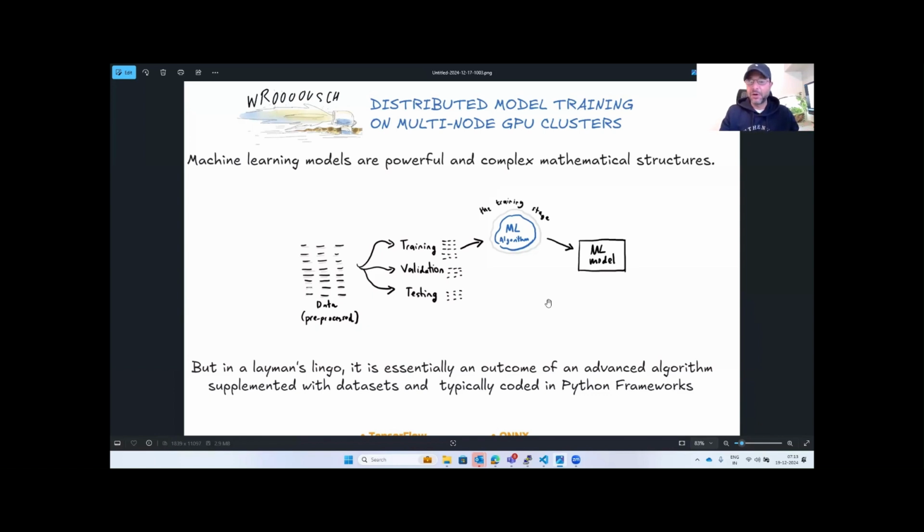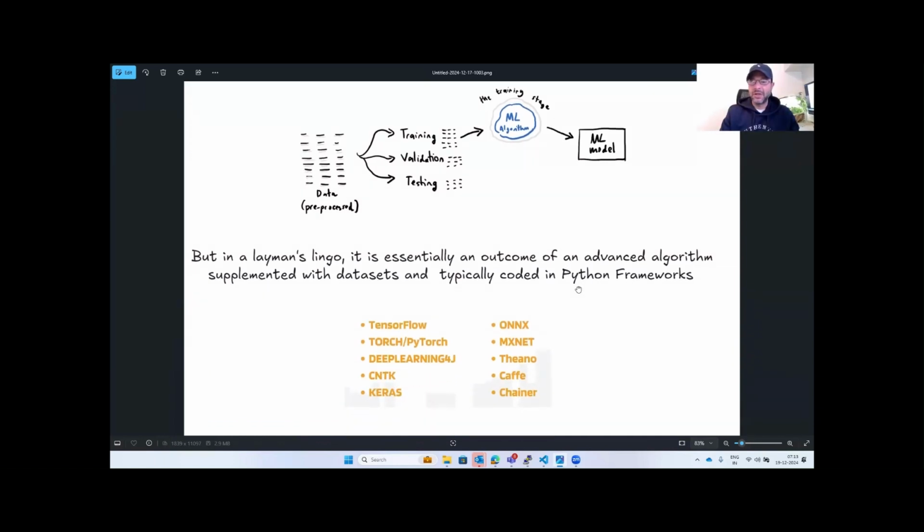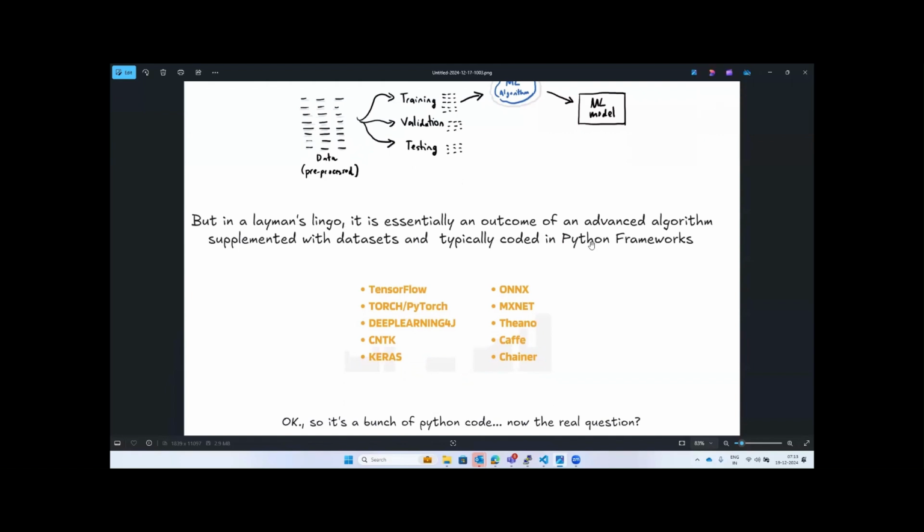And that framework or language of choice, in most cases, happens to be Python frameworks, okay? So in the world of Python frameworks, you have multiple different frameworks that you can use to build and train these machine learning models or AI models, or whatever we call them.